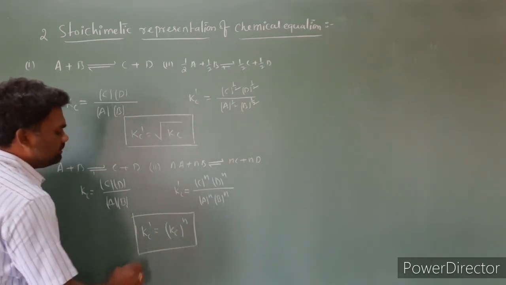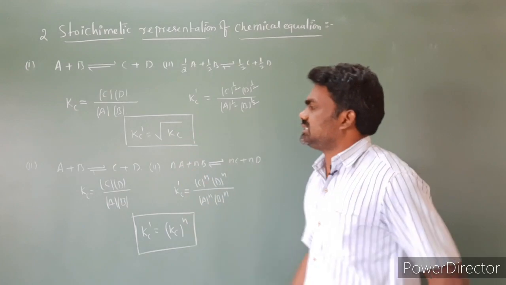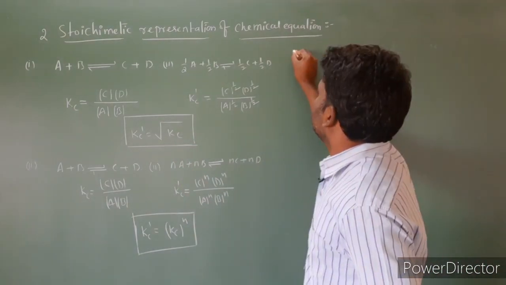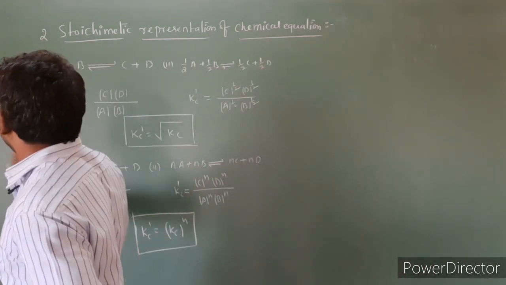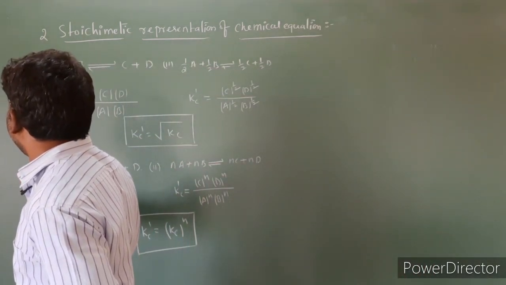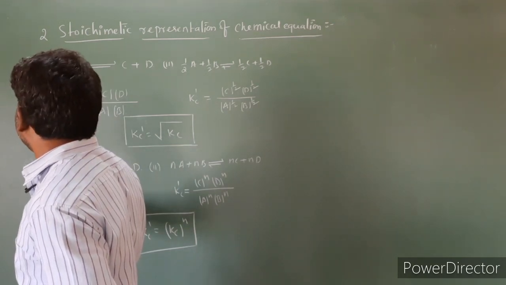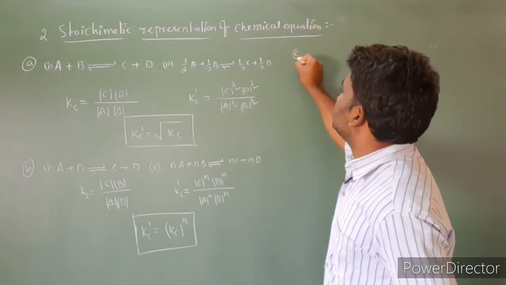This is the second one. And the third one. For understanding, this I am labeling as A, this as B, the first case and second case, and the third one I am labeling as C.